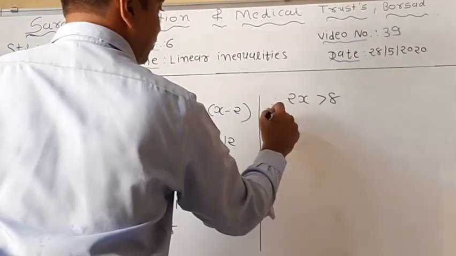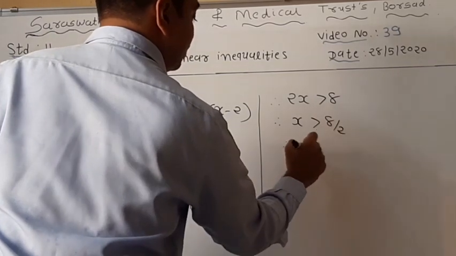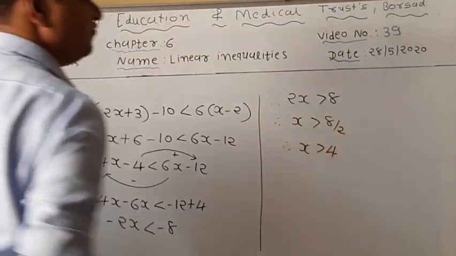Now divide by 2, so x is greater than 8 divided by 2, so x is greater than 4.